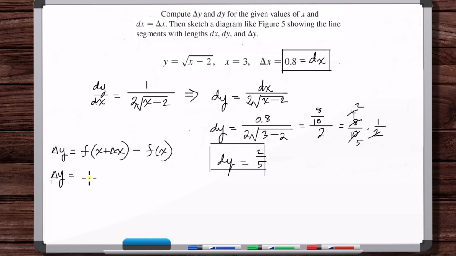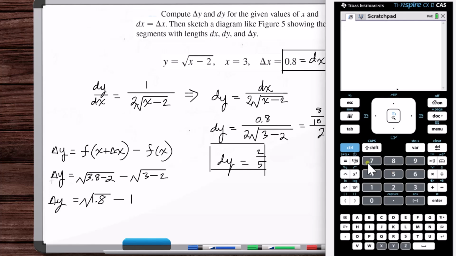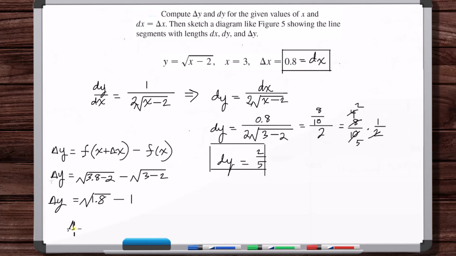That's going to be 3.8 minus 2, and then, okay, so 0.342. All right, that's delta y.